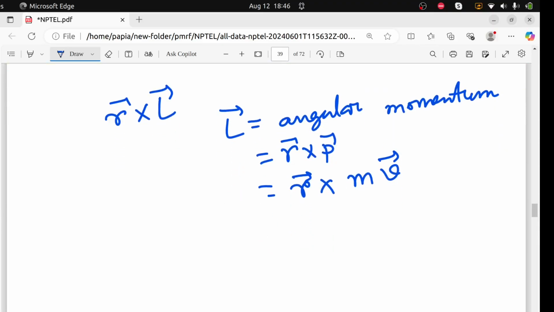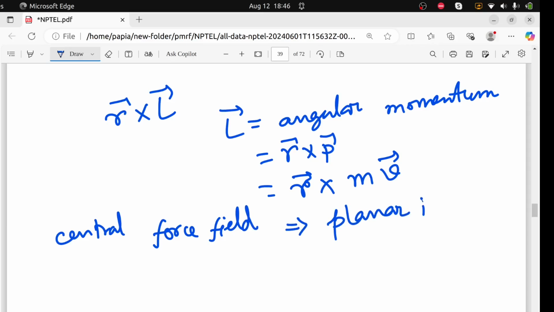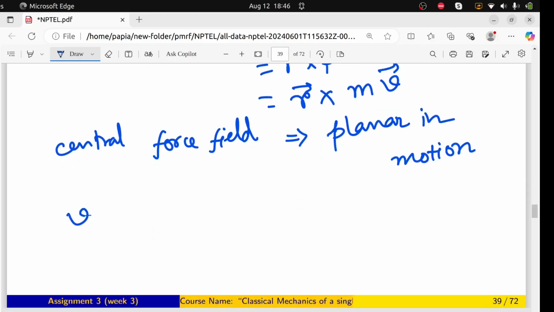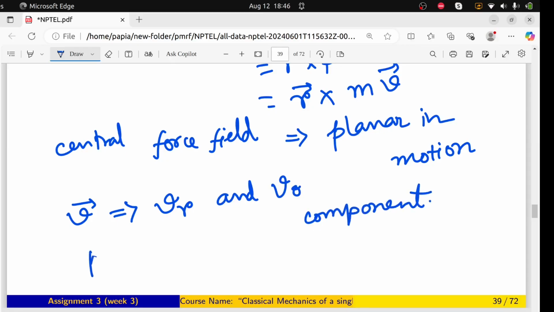As it is given that this is in a central force field, sir has already explained that it is planar motion. That means for the v vector, I will only take the v_r and v_theta components, as it is planar motion. So we just need to take the r component and theta component in my calculation.